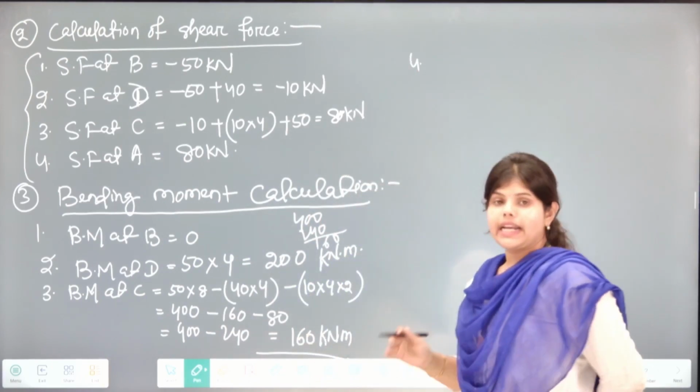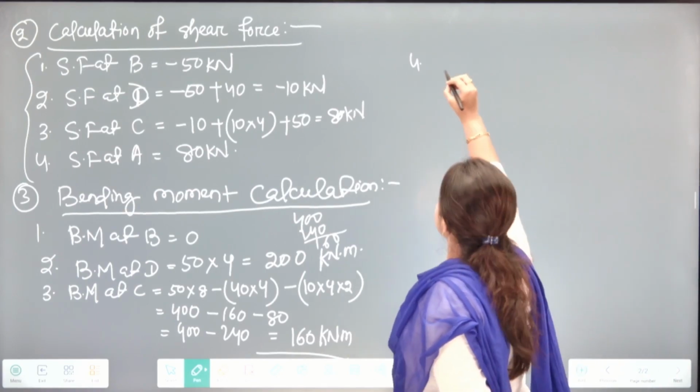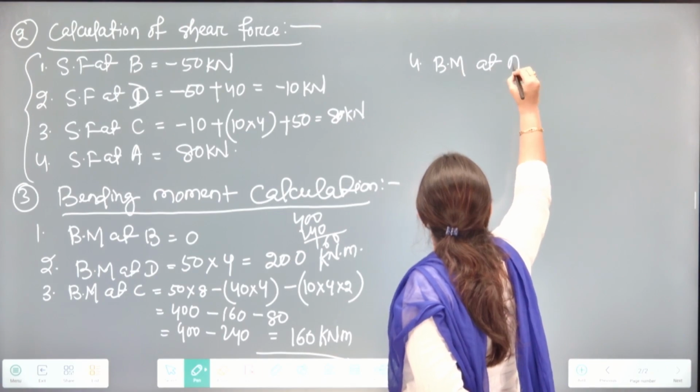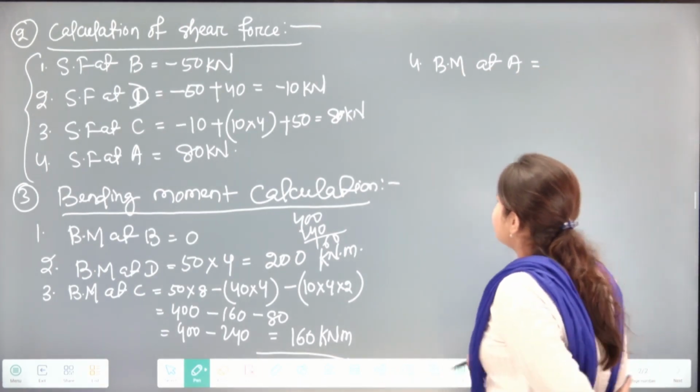We know that at end supports bending moment is always 0. But here let's check it. Bending moment at A. Let's check this by using the formulas.